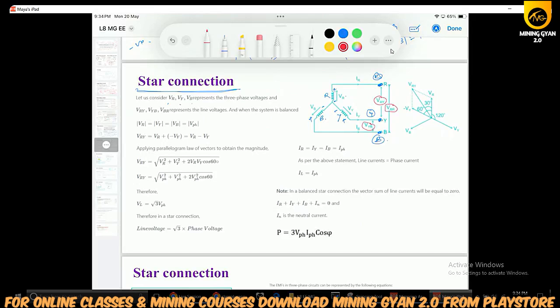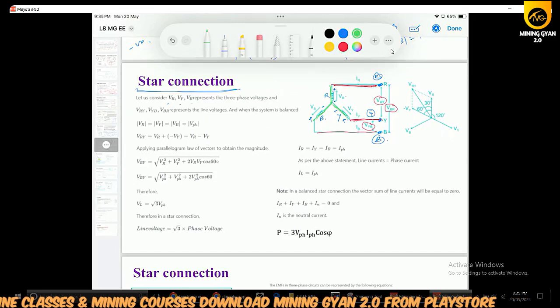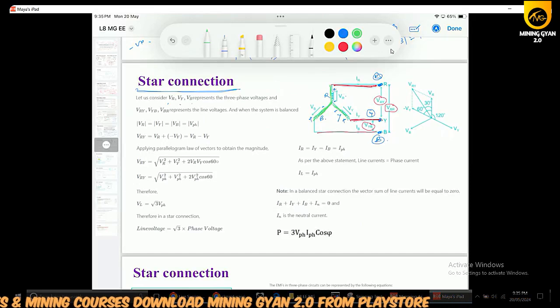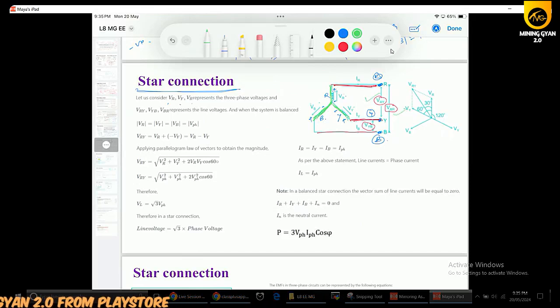These three are line voltages because these wires are called line wires. But these coils are called phase conductors or phases. That's why VR, VY and VB are called phase voltages, whereas VRY, VBR and VYB are called line voltages.